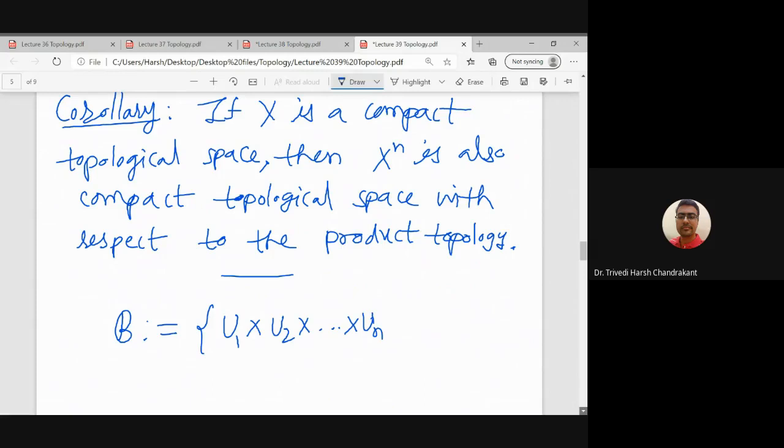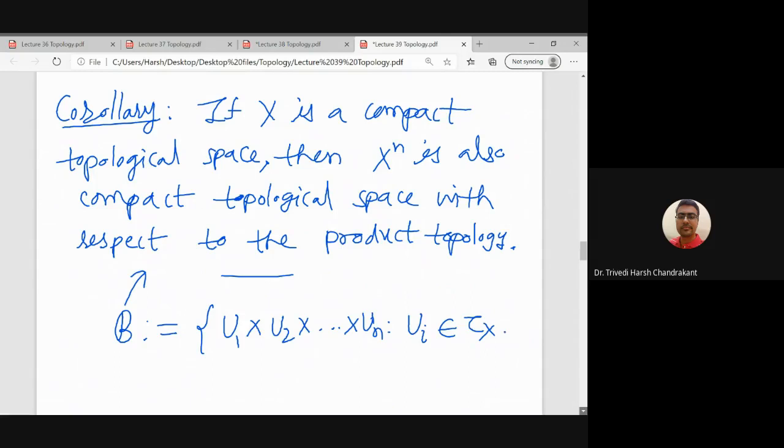So this set will be a member of the basis of the product topology, where each Ui is open in X for every i equal to 1 up to n. So when we take n equal to 2, that is exactly the product topology on X cross Y. But the same idea you can use n times, so we will get the product topology on X^n. Or in general, we can define the product topology on X1 cross X2 cross ... cross Xn, where X1, X2, ..., Xn are topological spaces.